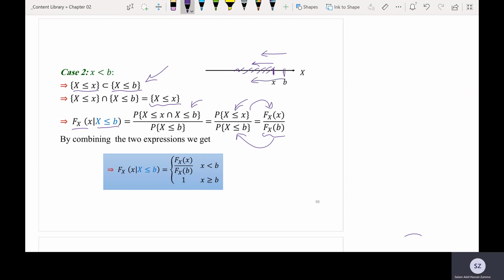It's up to B. Because of that, I need to divide by the probability that X is less than or equal to B, because this is the new sample space. Given X less than or equal to B, it became impossible for X to be larger than B. So the whole event here, right of B, becomes impossible because it's already observed that X is less than or equal to B. And hence, we need to divide by F of B.